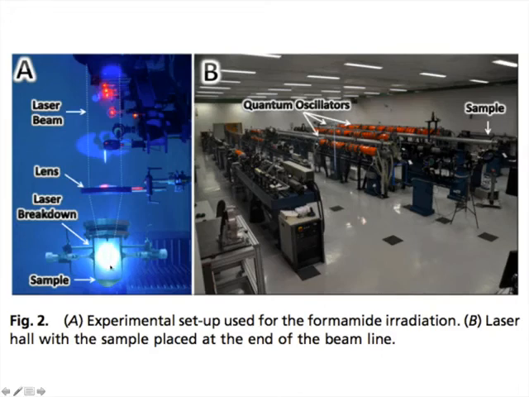This is just a basic carbon-based molecule sample called formamide. This is thought to be a pretty likely precursor to a lot of organic compounds that would have been around on prehistoric Earth. And you can see how this is set up in this lab here. This is the laser. Here's the sample. And we deliver energy to the sample to see what happens.